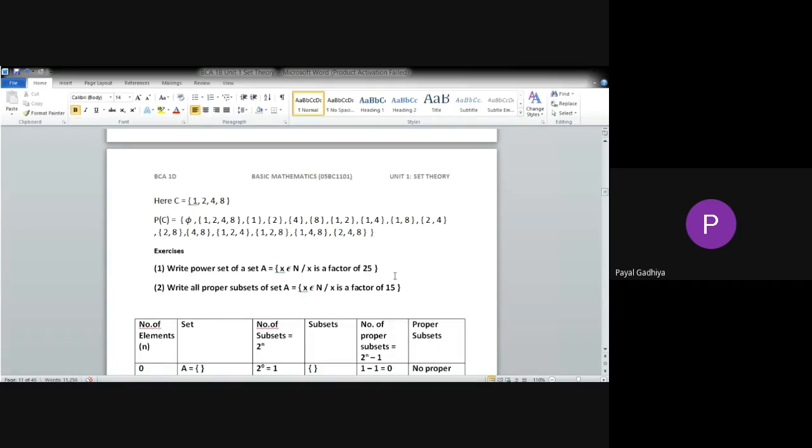See, I'm writing over here. A equals 1, 5, 25. To find the subsets, we have this formula 2 raised to n, and 2 raised to 3 will be 8. So we can get 8 subsets. Now write down all the 8 subsets, and we have to make a power set. So we have to make a set of those subsets. Write in the chat box.